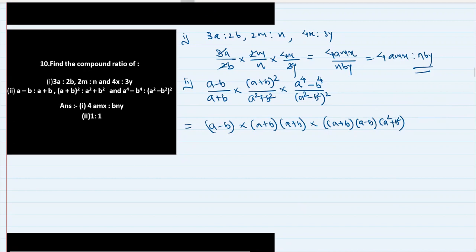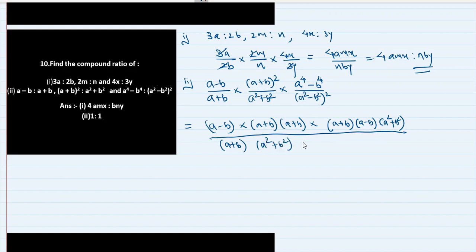Okay, so this is the factorization of a raised to 4 minus b raised to 4, the whole upon, we get a plus b over here, a square plus b square over here, and we get a square minus b square the whole square over here. So here we have a plus b, a minus b, which is the factorization of a square minus b square the whole square.